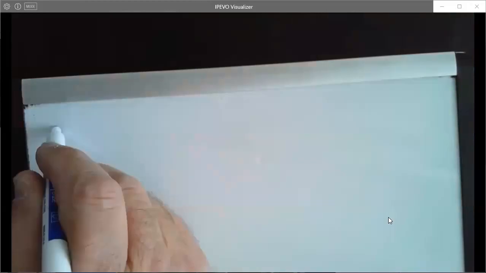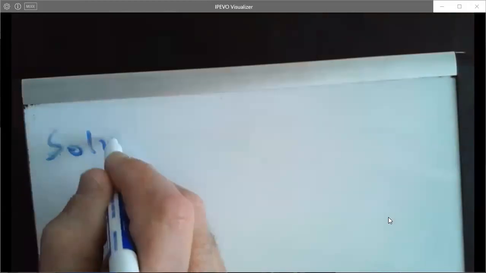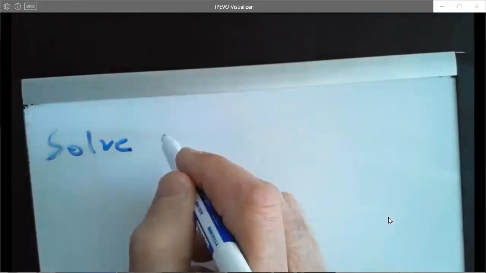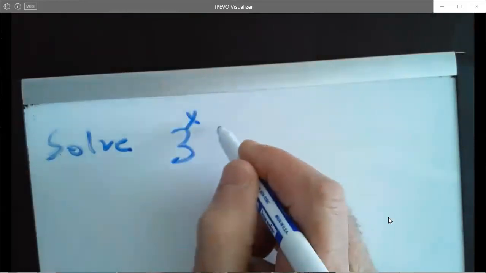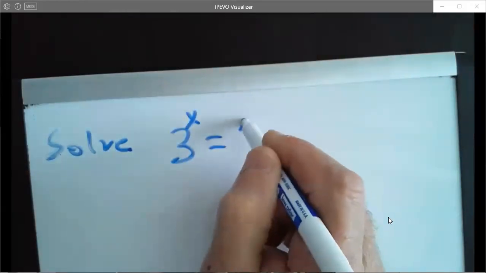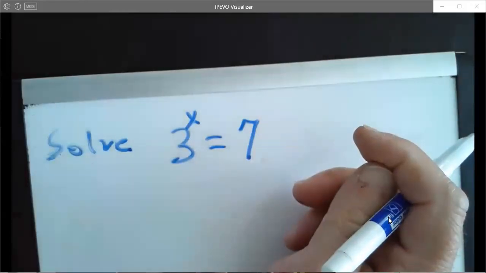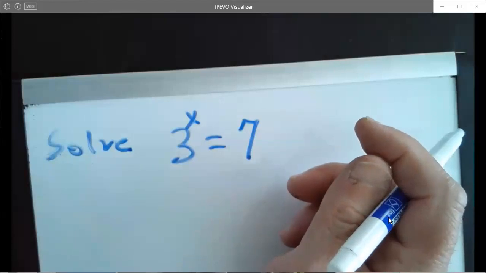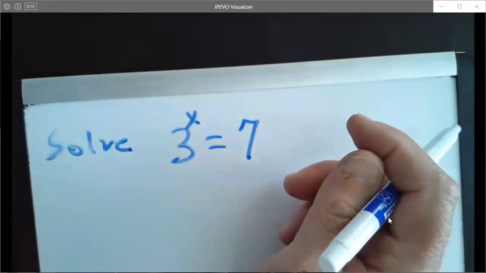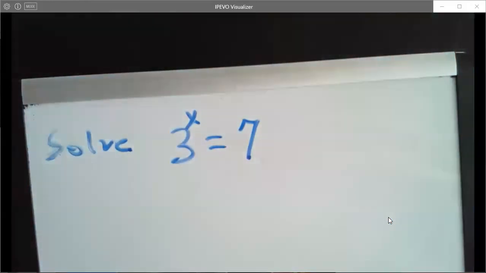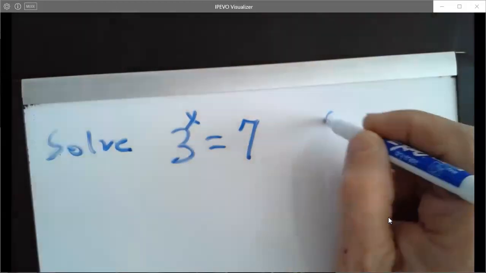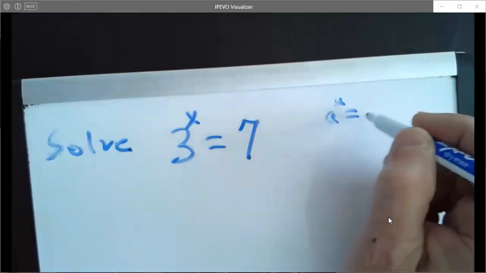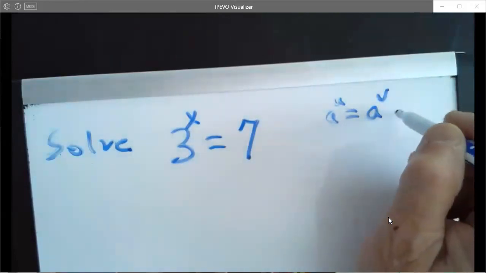Okay, so here we have, solve, 3 to the x equals 7. All right, so we can use, because we said before that if a to the u equals a to the v, then u equals v, right?